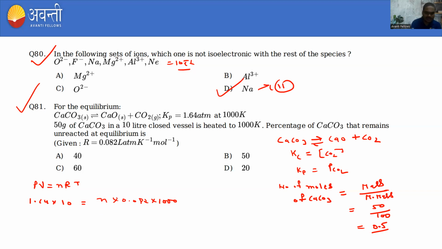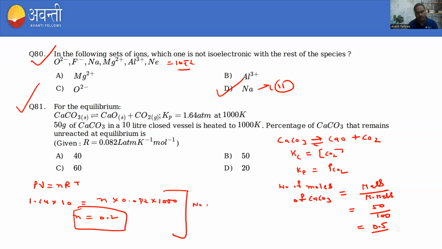So the number of moles of CaCO3 at equilibrium, when you calculate the value of n here, you'll get n as 0.2. So you'll get the value like 0.2. So the percentage of number of moles unreacted, you need to calculate.